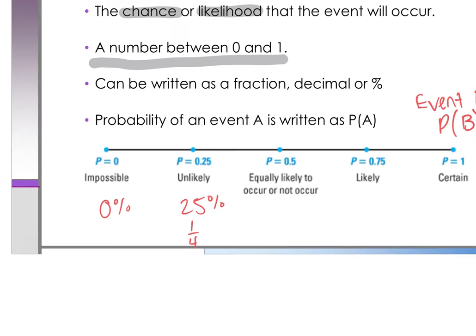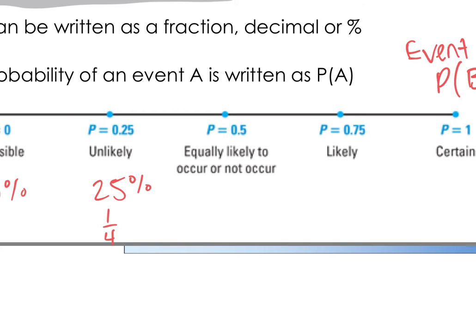What would it be if they were equally likely to occur or not to occur? What's our probability? 50-50. Have you guys heard that term before? So 50% is likely to occur, 50% it's not likely to occur. It's an even split. That would be exactly 50%. What's a fraction that goes with 50%? 2/4 or 1/2, okay? It's exactly half. The probability of something likely happening would be closer to 75% or 0.75.